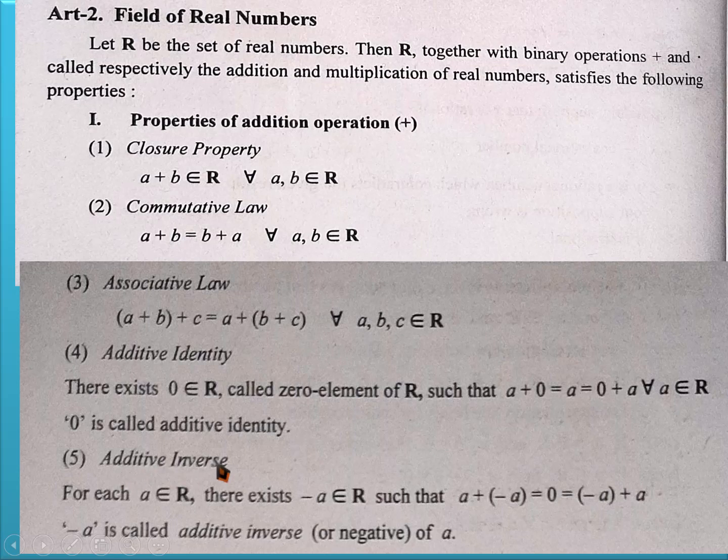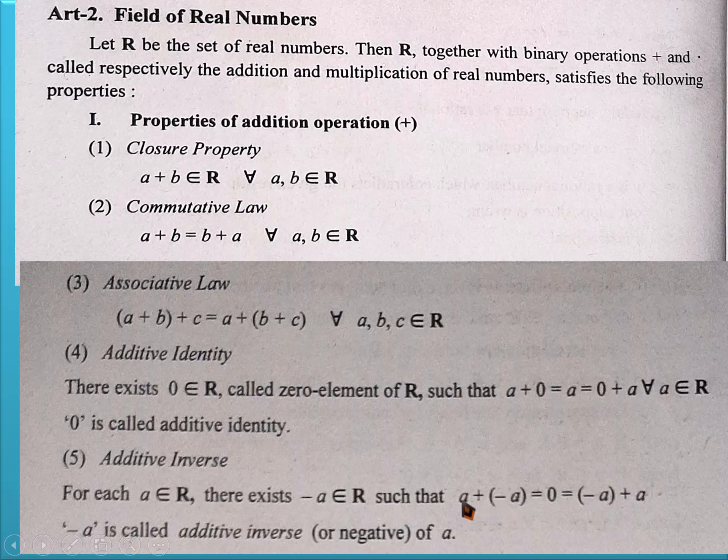Next is additive inverse. Choose any element a from R. We can find corresponding to this element one unique element in R. This unique element is minus a in R, and the addition of these two elements is 0, that is additive identity.